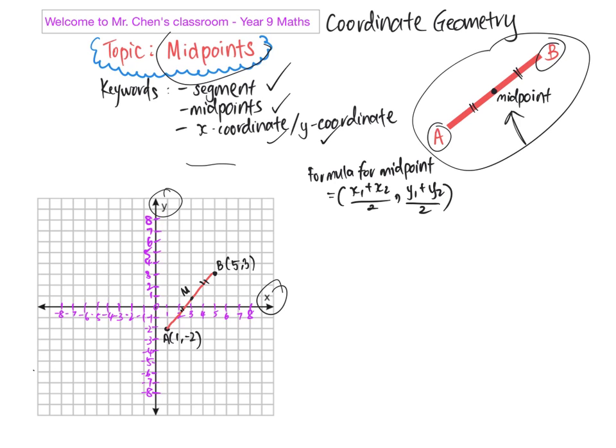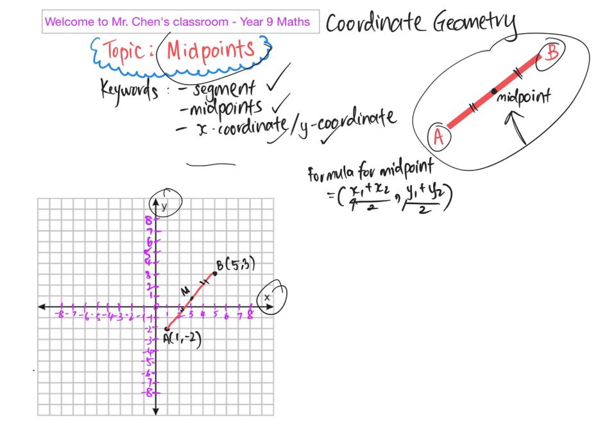The formula for midpoint is equal to (x1 plus x2) divided by 2, and (y1 plus y2) divided by 2. The x1 here refers to the x coordinate of the first point that you're looking at.